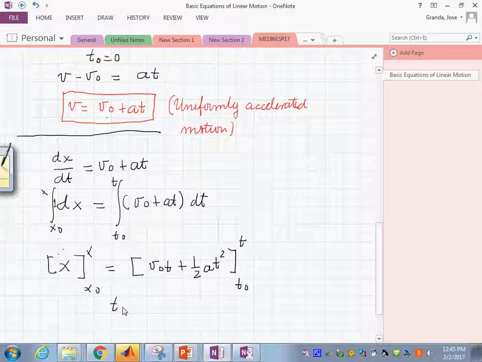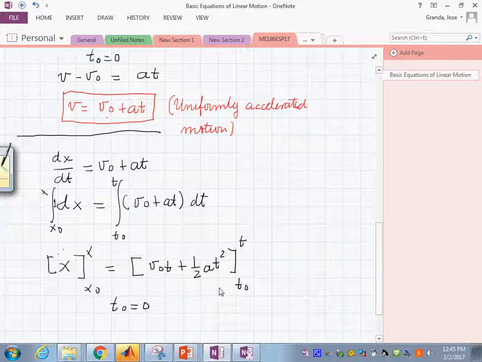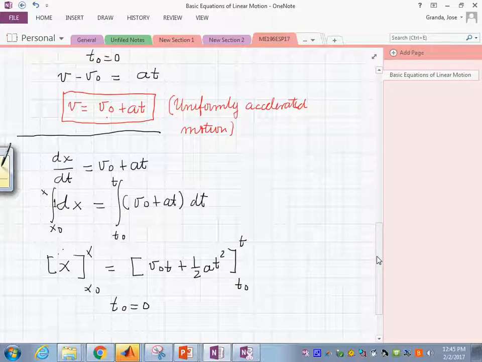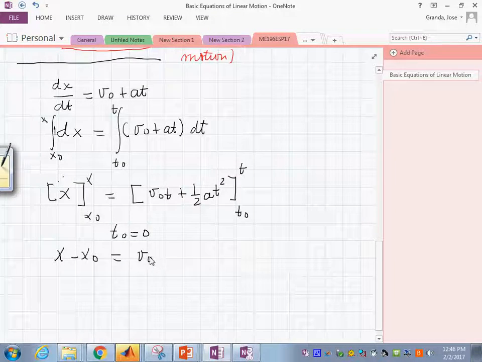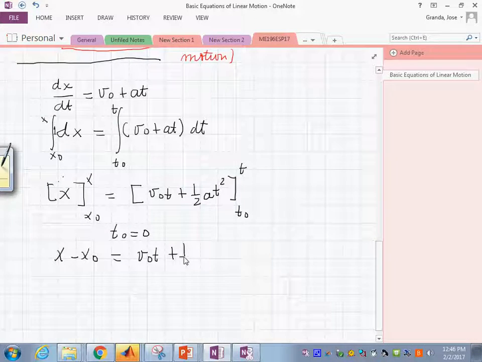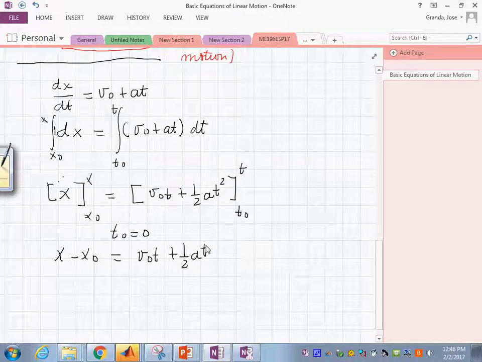So if t sub 0 is 0, then it follows that the position of a particle under uniformly accelerated motion would be, well, let's not rush. x minus x sub 0 would be v sub 0 t plus 1/2 of a t squared.